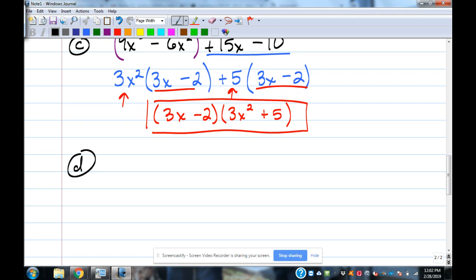You're smart enough, and if you can do GCF, this part's easy. So let's do another one. Let's say we had negative 25x cubed minus 5x squared minus 50x minus 10. Okay, a little bit bigger numbers, but think about descending order first.